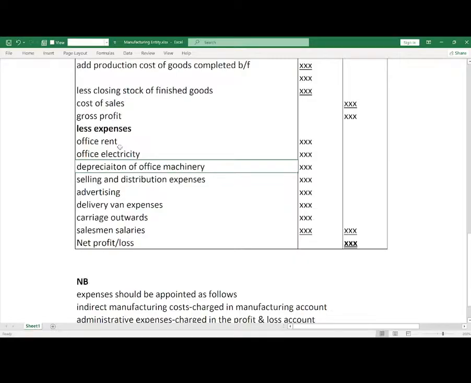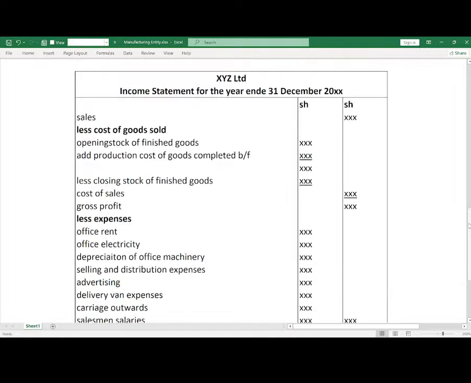Then we have selling and distribution expenses: advertisement, delivery van expense, carriage outwards, salesman salaries. All these expenses, we subtract them from the gross profit so that we get our net profit or loss. So this is a scenario when you are preparing the income statement of a manufacturing entity.